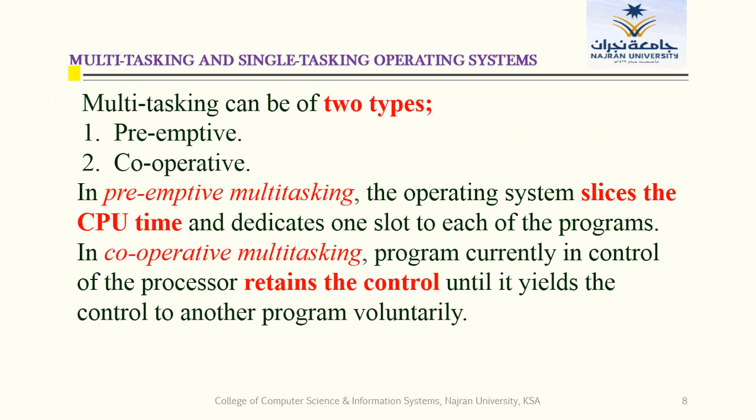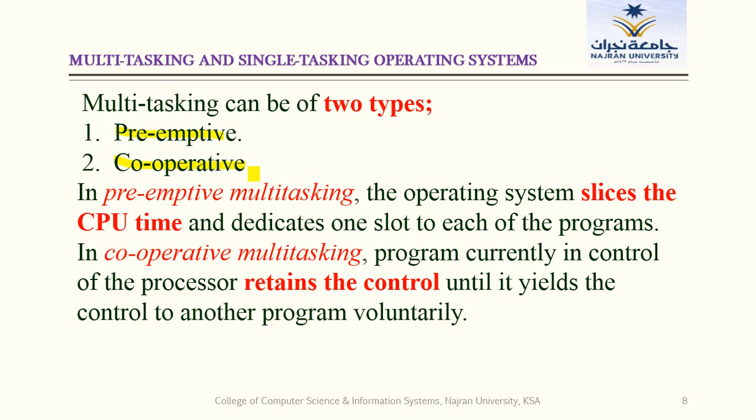Multitasking can be of two types. The first one is preemptive multitasking and the second is cooperative multitasking. In preemptive multitasking, the operating system makes slices of our CPU time and gives one slice to one program.